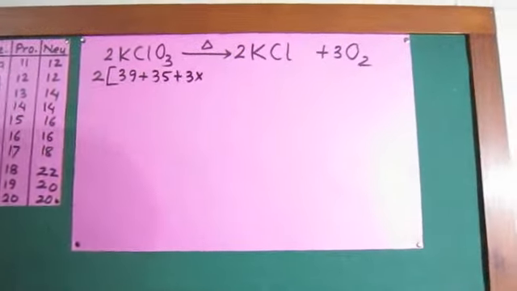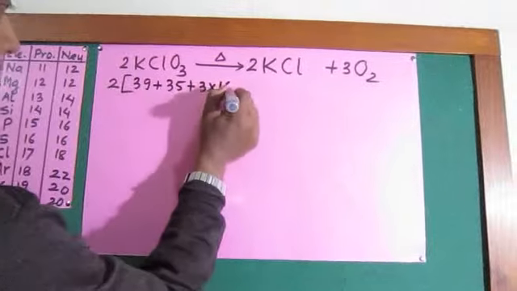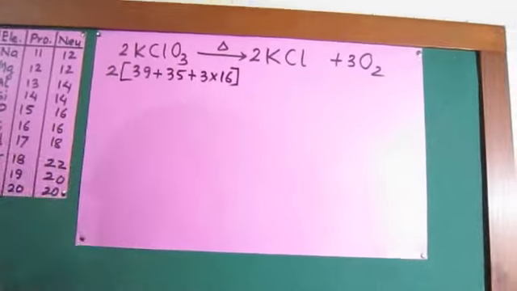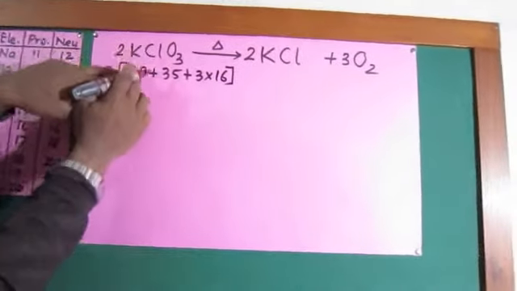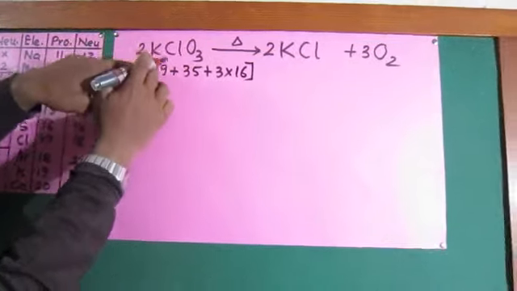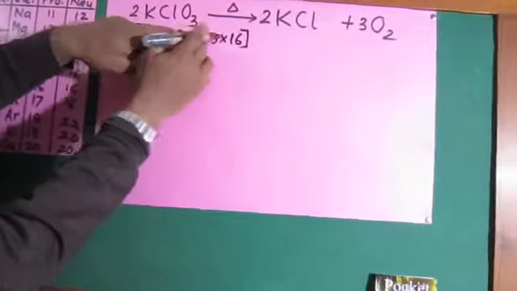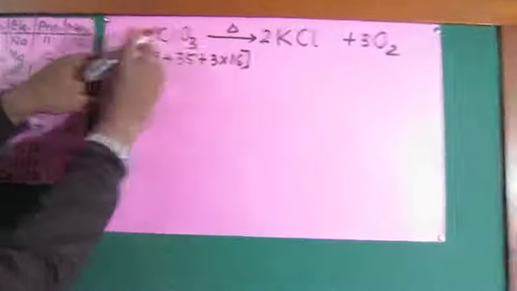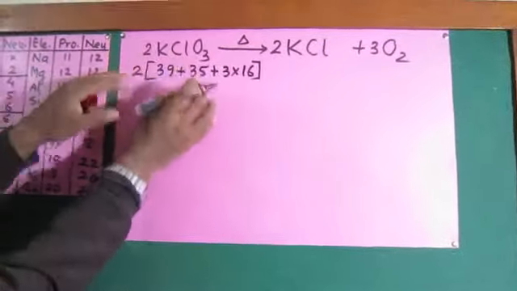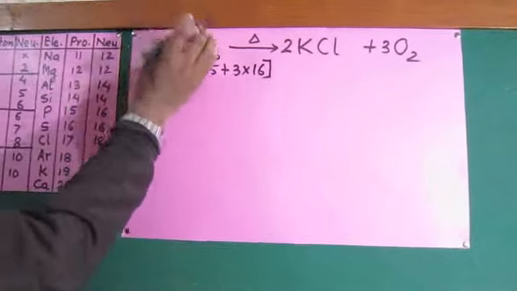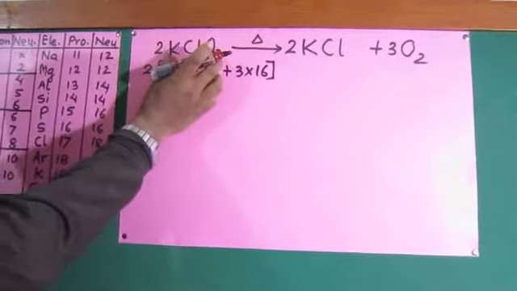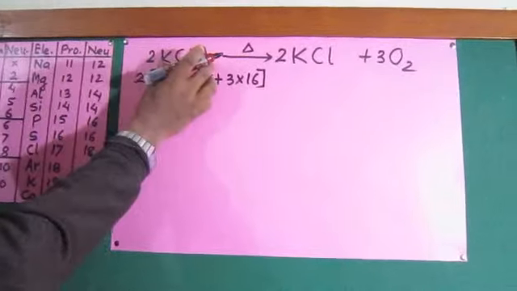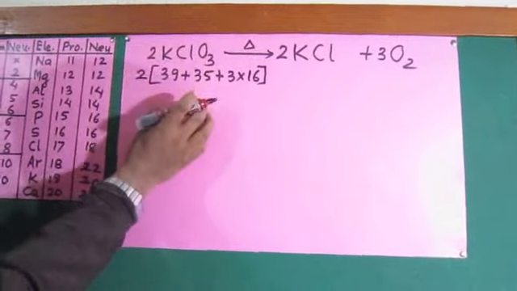Look at this, 8 plus 8, 16. Now this 39 is atomic mass. This is also atomic mass. But when we multiply and add all this, then we'll get the molecular weight of potassium chlorate, the molecular weight of 2 molecules of potassium chlorate. That I am going to calculate.